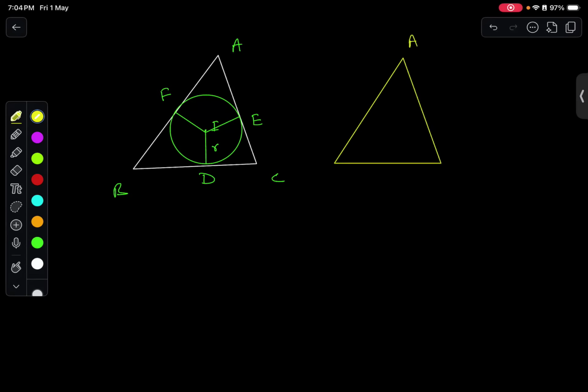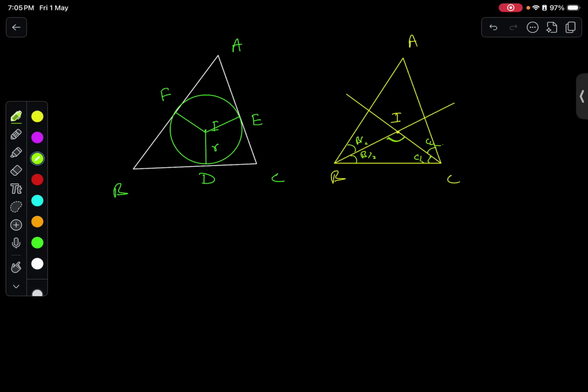If this is A, B, and C, this is the line of the internal angle bisector through B, and this is the internal angle bisector through C, which intersect at I. Let this angle be B, so both the angles are B by 2, B by 2. And the same, this is C by 2, C by 2.